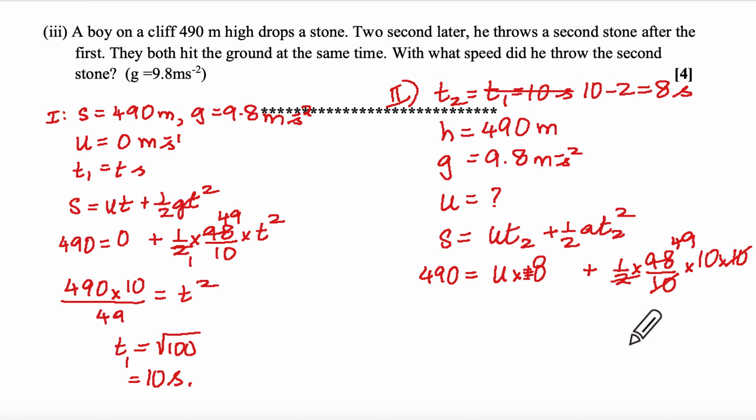Now can you see 8 and 8 and this cancelled. So 2 goes 49 times. 2 goes 5 times here and 2 goes here 4 times. So this is 8u plus 49 into 32.